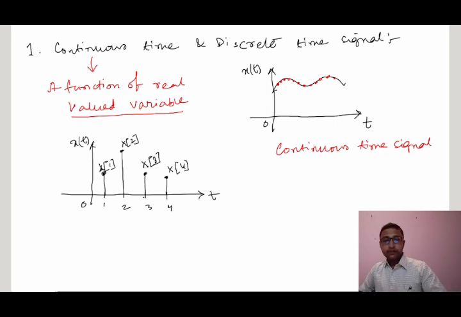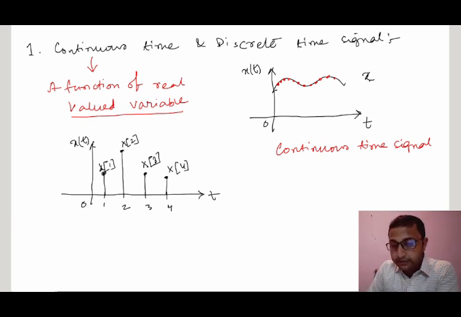One more thing has to be mentioned: the continuous time signal is denoted by, suppose x is the signal, x with first brackets of t, that means time dependent. x is a function of t. Whereas the discrete time signal is denoted by x within third brackets.